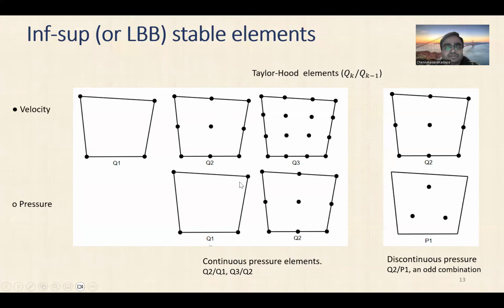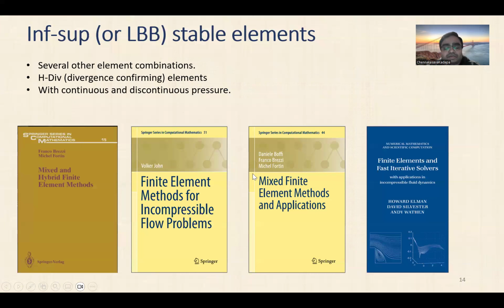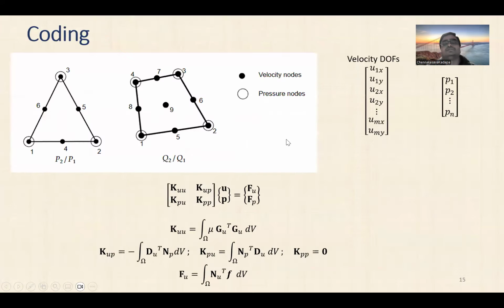For implementation, these are the textbooks I was referring to. If you want more details, these are some of the classic sources for mixed finite elements for incompressible flow problems. For implementation, I'm going to focus on the quadrilateral element, but for the discussion, it is helpful to also include the triangular element.